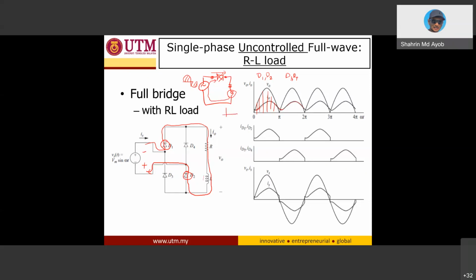That is why we have the output voltage like this, with this angle we call the beta angle, the extinction angle. But for the full wave rectifier, D3 and D4 provide the route for the energy from the inductor to be discharged and then charged again. That is why we don't have an extinction angle here.